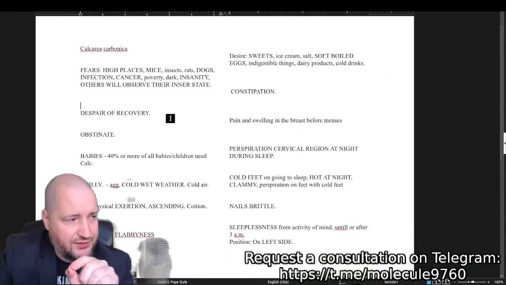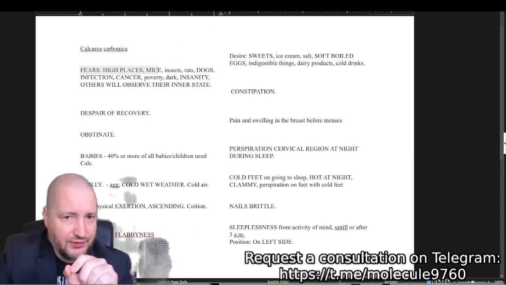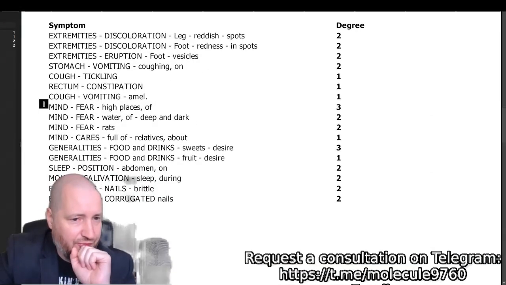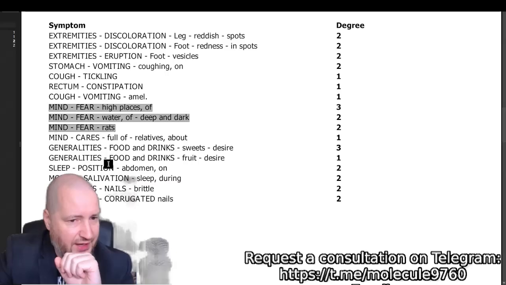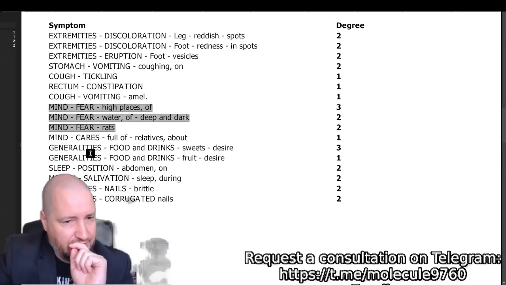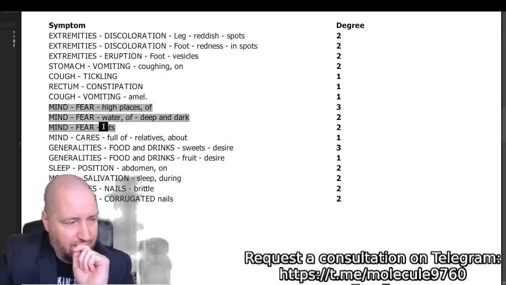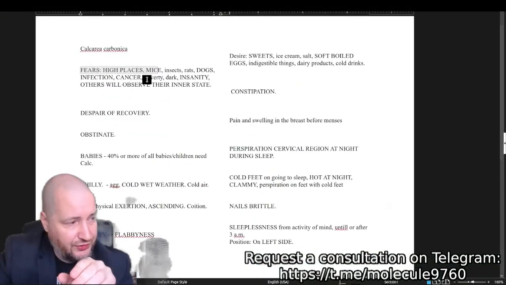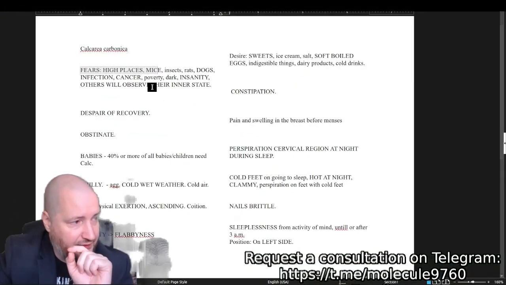So let's see the mind here. We have fears: high places, mice, okay? I have rats here, but I didn't have mice in the software, sorry, but it is mice. So fear, high places, mice. That's the mind.